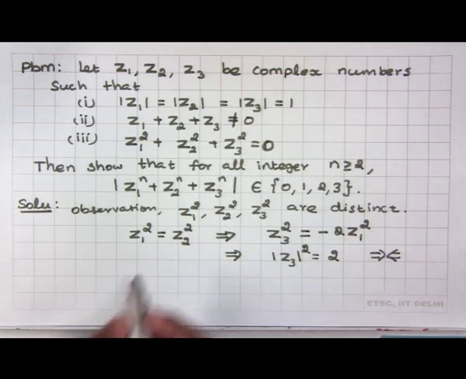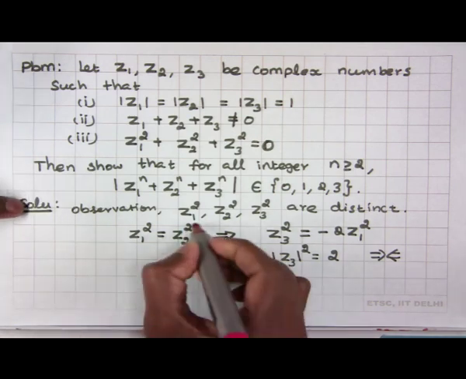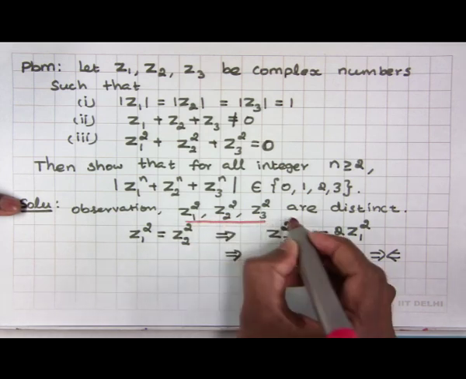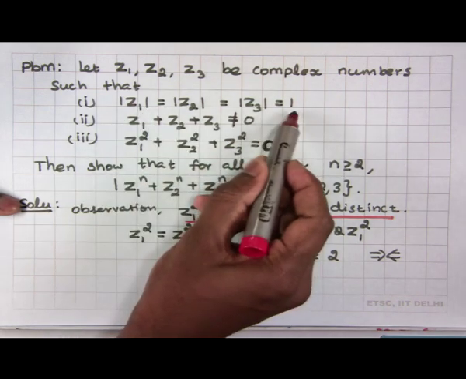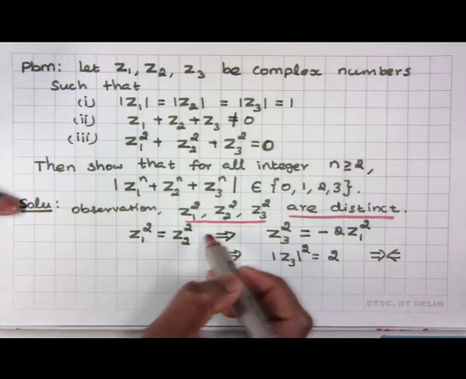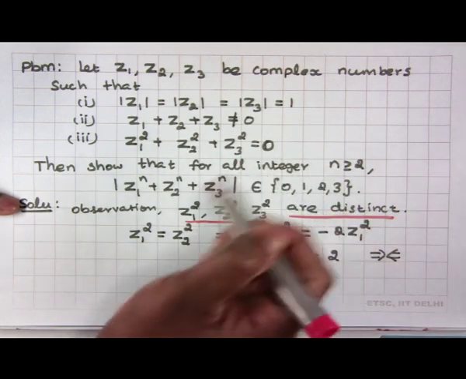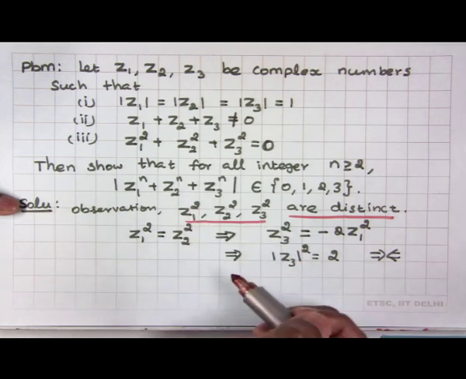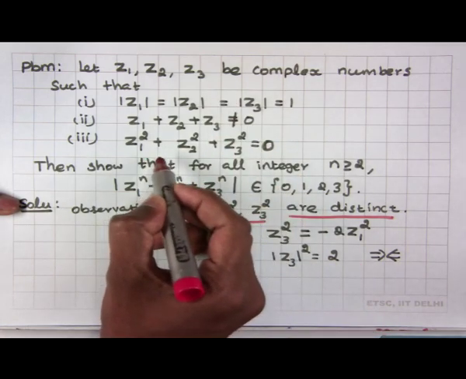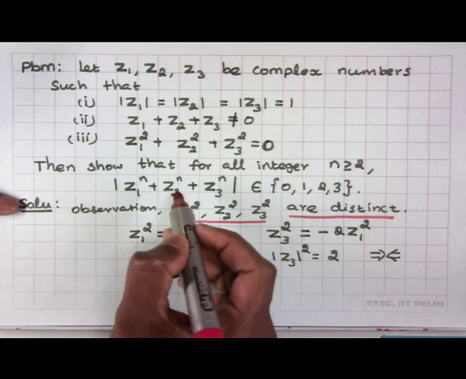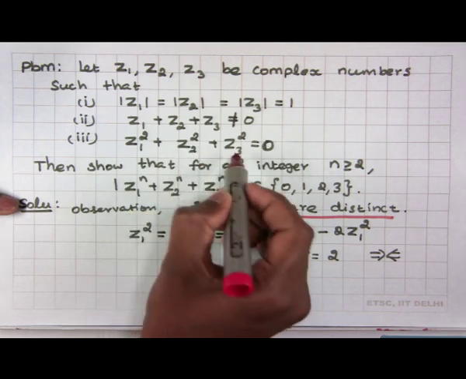Okay. So, we observe that the given complex numbers Z1, Z2, Z3 are distinct and they lie on the unit circle, which means they do not lie on a line. So we can place a triangle with vertices Z1, Z2, Z3, and the previous result tells us immediately that it is an equilateral triangle with the vertices Z1 square, Z2 square, Z3 square.